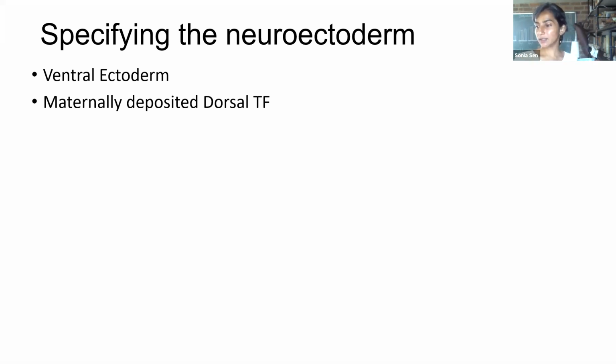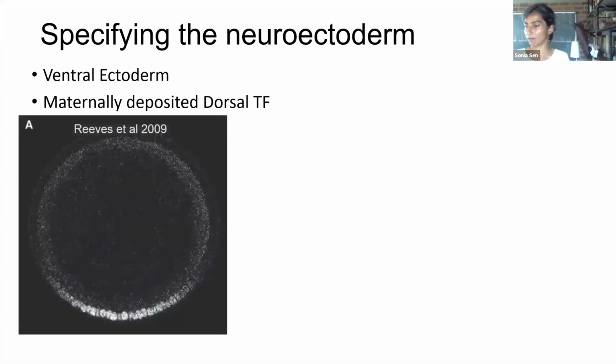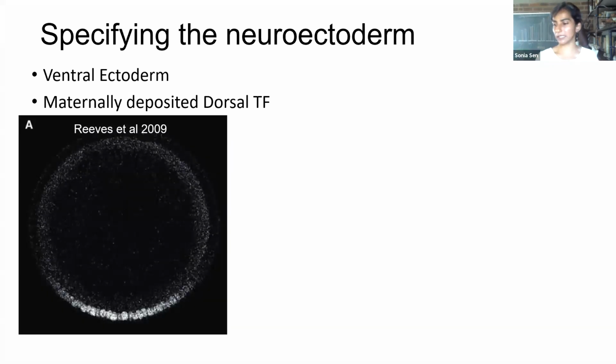And dorsal, so this is a picture of, I think this is actually showing you the protein. If you can see over here, we've taken the Drosophila embryo, sliced it like a salami, and we're looking at it like this. What you can see is, this is the dorsal end, and this is the ventral end.